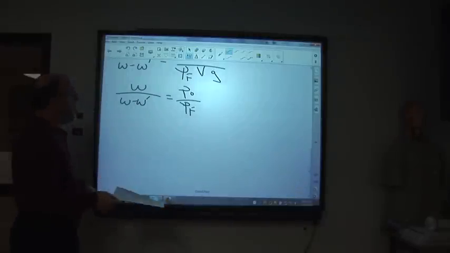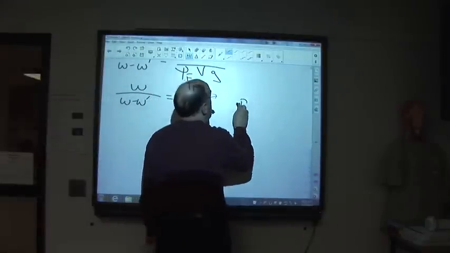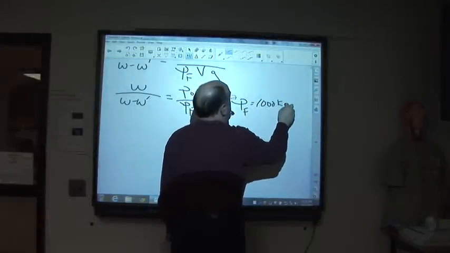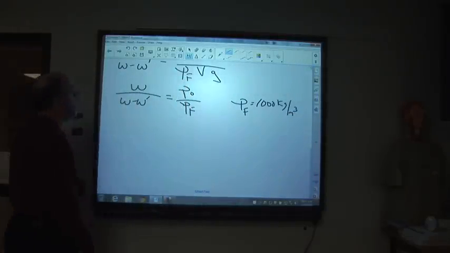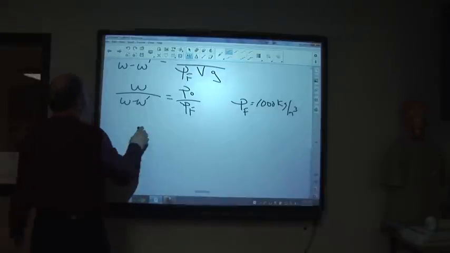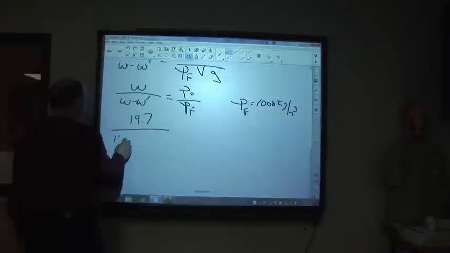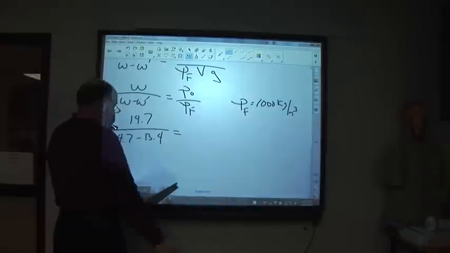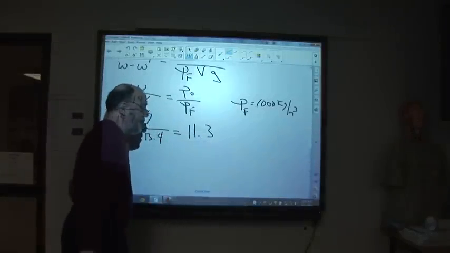And so here, the density of my fluid, since we did this in water, is 1,000 kilograms per cubic meter. And so basically we're looking at what is the specific gravity of my object. And so we have 14.7 over 14.7 minus 13.4, which is going to equal, in this case, 11.3.